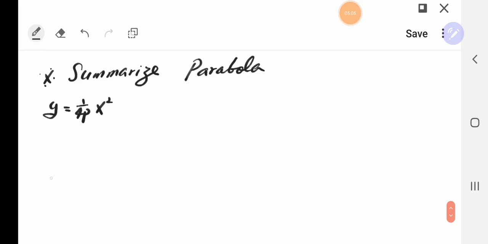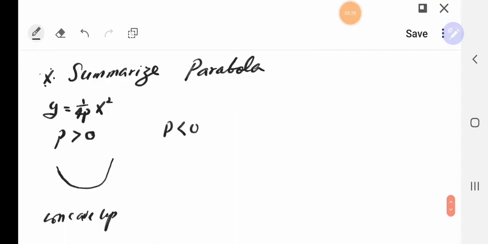So there's no doubt, if p is positive, that means the leading coefficient is positive. So the right end is up. So this is the graph of what? Graph of concave up. Always concave up. And if p is negative, that means the leading coefficient is negative. So the graph will be concave down.